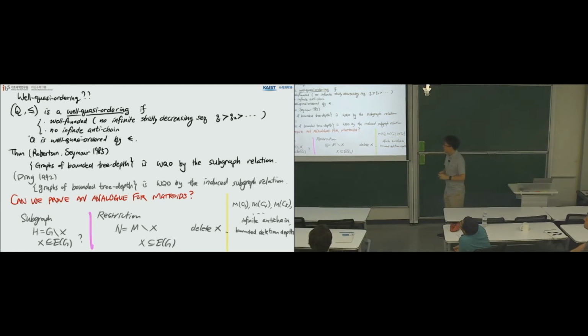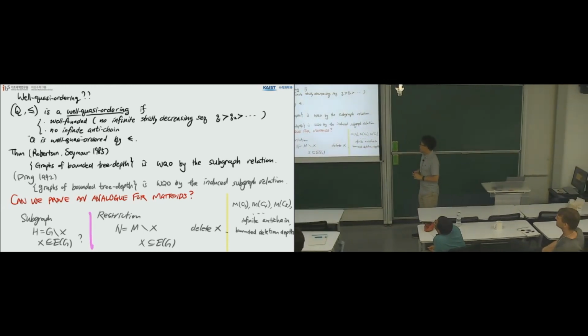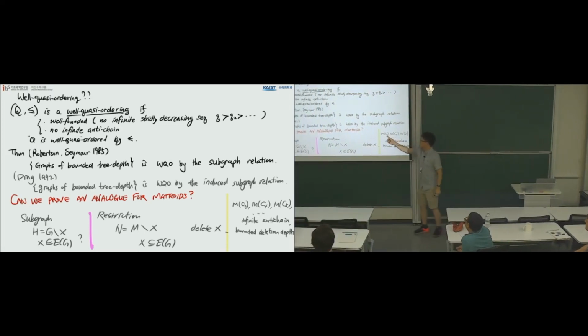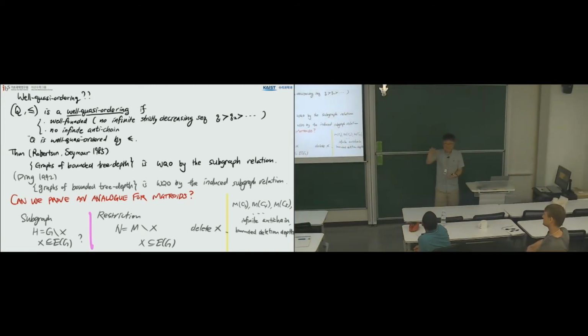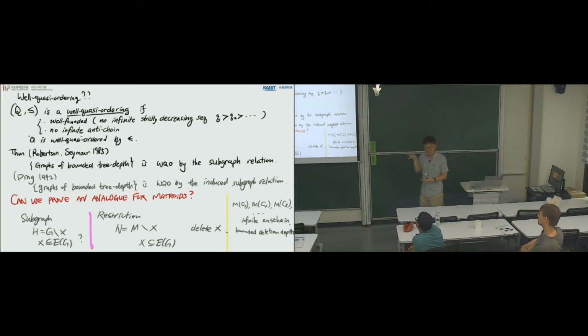Now, if you look at the cycles C3, C4, C5, a cycle is a subgraph of another by deleting edges, but cycles will never be a restriction of another. By restriction, I mean you delete elements, delete edges.